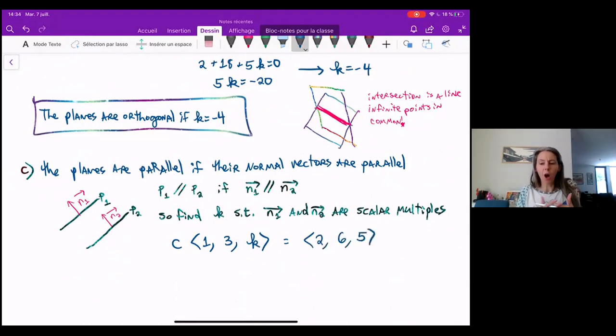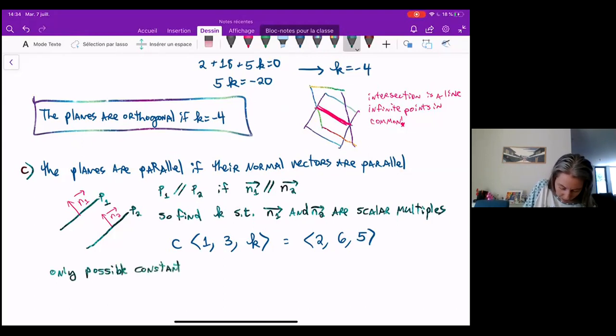Well, the only constant that could possibly make this true is 2, because I need to multiply c by 1 and get 2. I need to multiply c by 3 and get 6. So the only possible constant here is c is equal to 2.